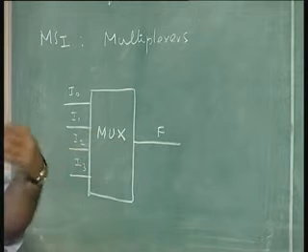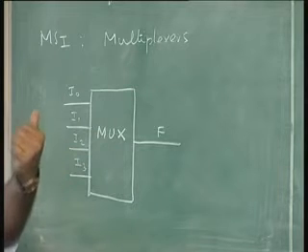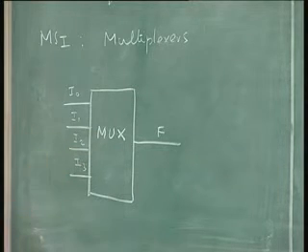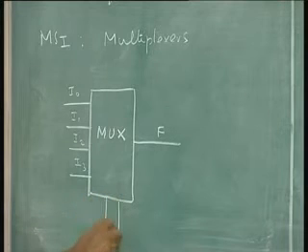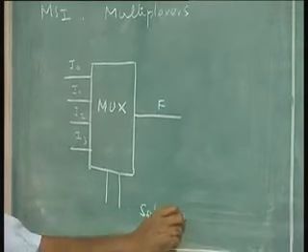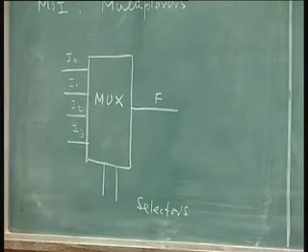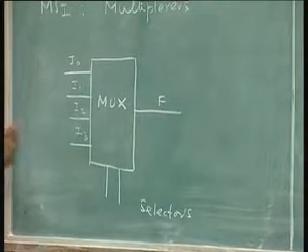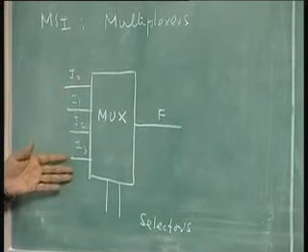That means I need some control. When do I connect I3? When do I connect I2? So I need signals which are called control signals or selectors. And the number of selectors depends on the number of inputs.